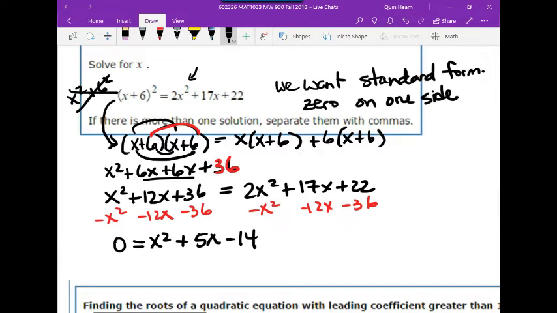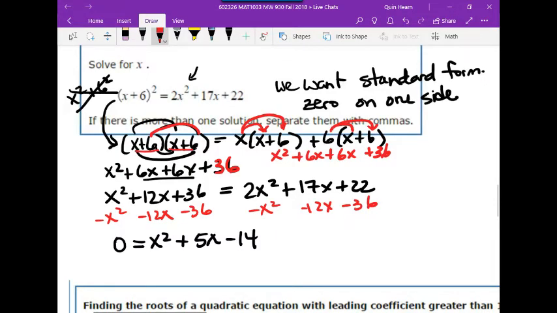Each term in the first pair has to be multiplied by each term in the second pair. So when I multiplied the 6 times the 6, that was just one step. I also had to multiply the x times the x, the x times the 6, and the 6 times the x. We have a lot of distributing through to do. So we get x squared plus 6x plus 6x plus 36. Each term in the first x plus 6 multiplied by each term in the second.